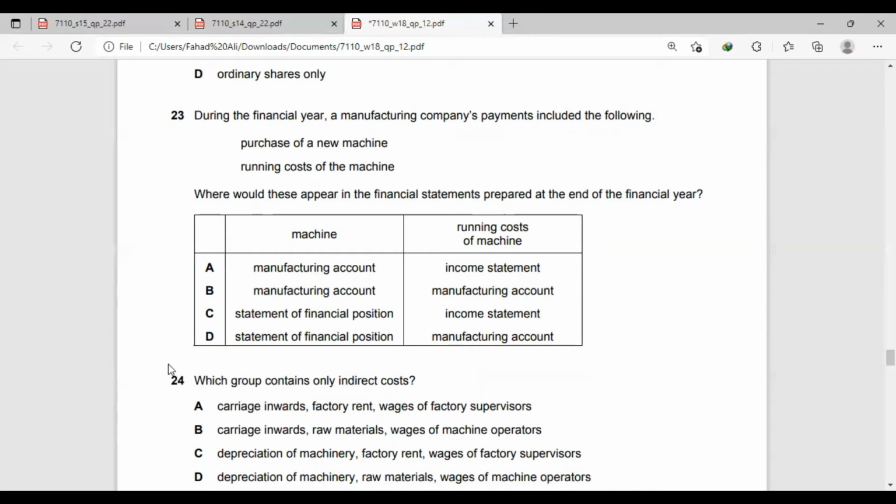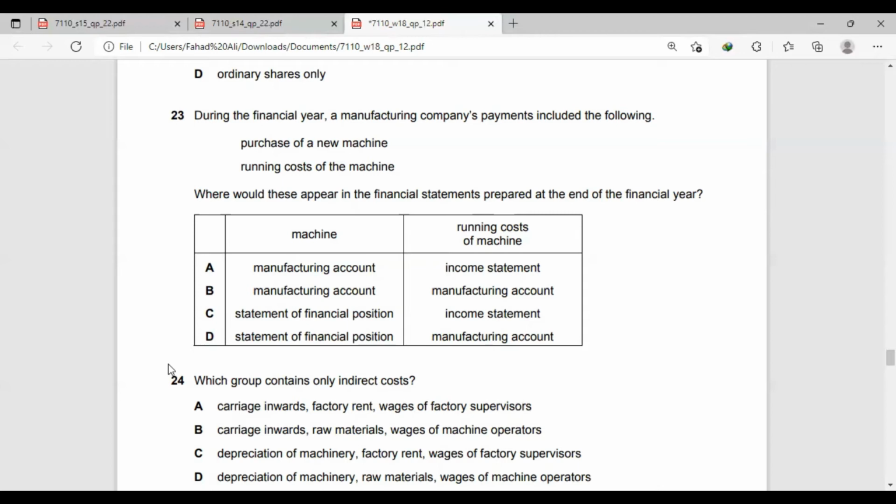But a capital expenditure means a purchase of a non-current asset or an addition to a non-current asset. Right. So we only record non-current assets in the statement of financial position, and we record the expenses in the income statement. Now you tell me, where would you record these two items?